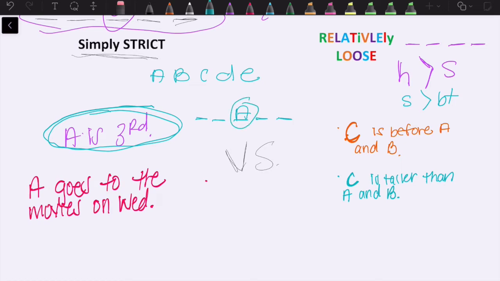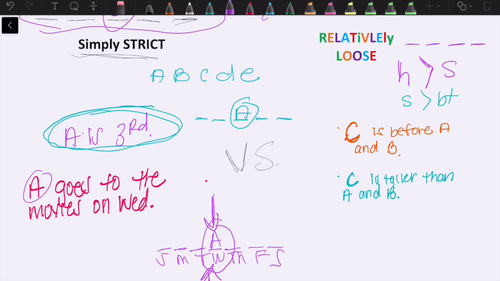Or another example, A goes to the movies on Wednesday. Let's say A has a different activity every day of the week, Sunday, Monday, Tuesday, Wednesday, Thursday, Friday, Saturday. If A goes to the movies on Wednesday, we can put A simply right into that spot.